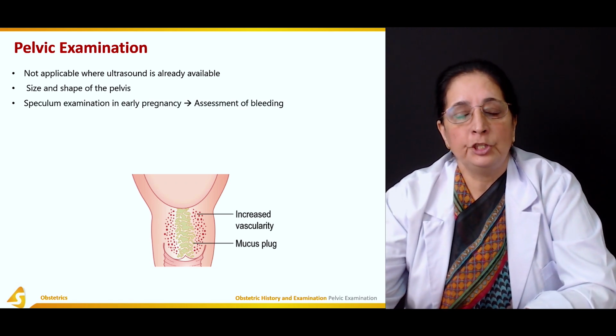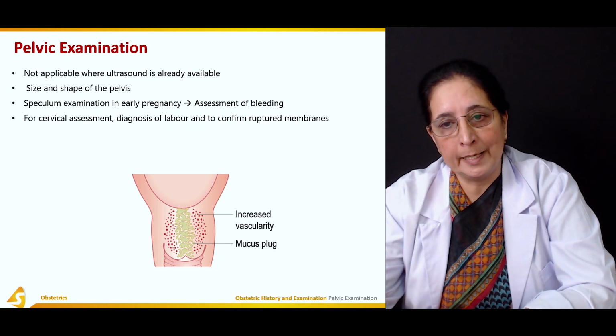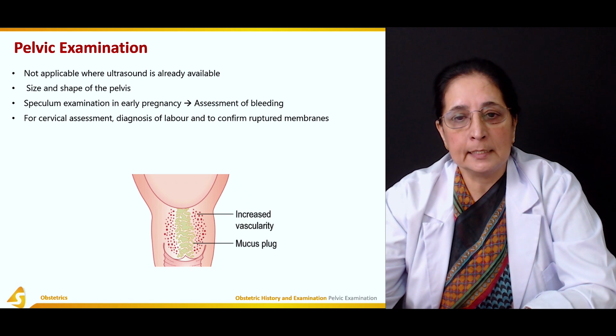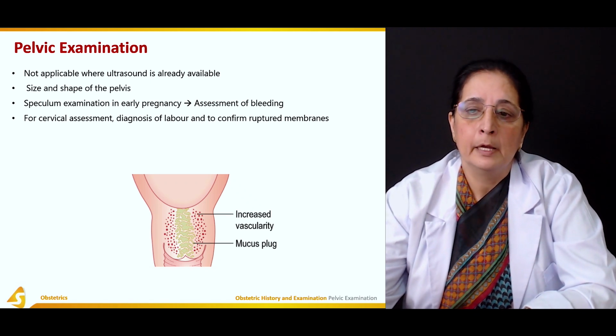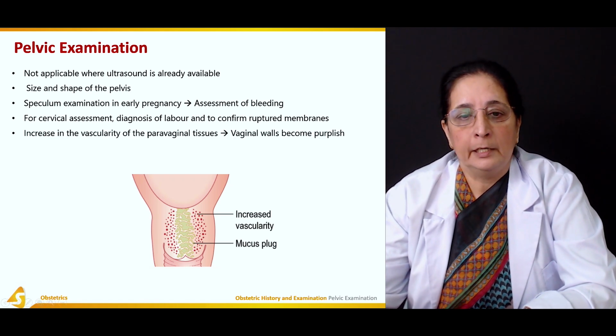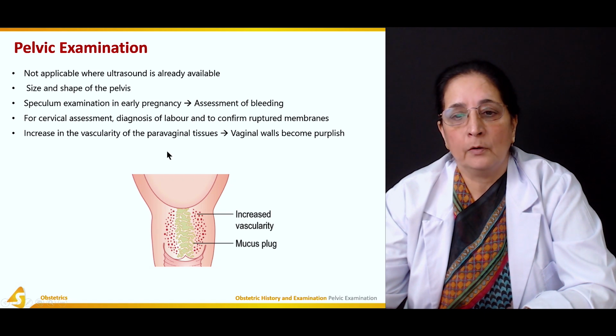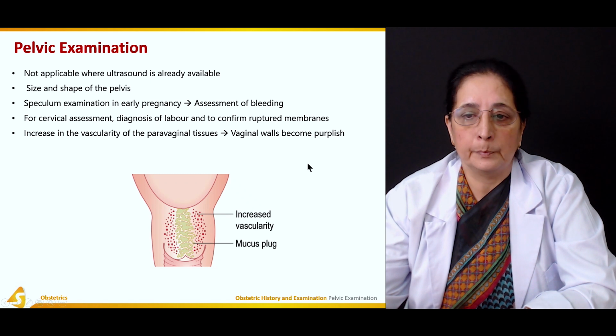Speculum examination in early pregnancy is for assessment of bleeding, for cervical assessment, diagnosis of labor, and to confirm ruptured membrane. There is increased vascularity of paravaginal tissues, and the vaginal wall becomes purplish.